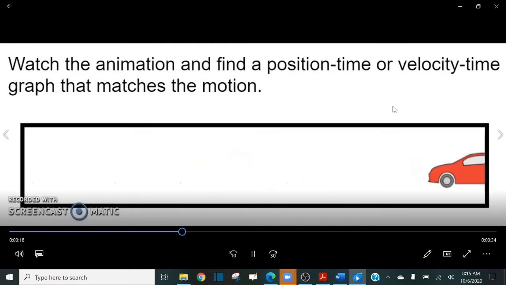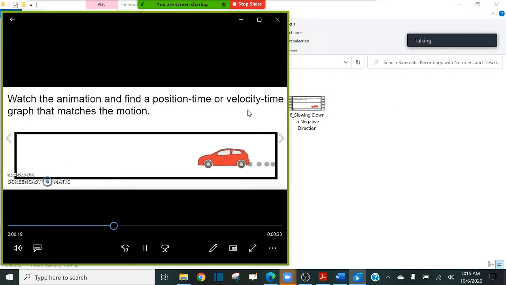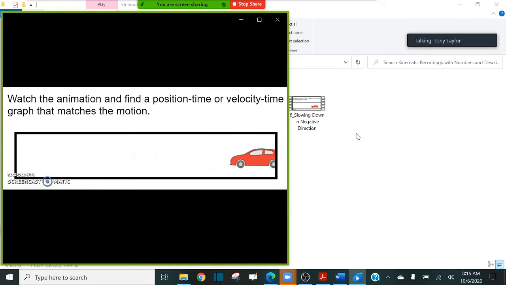Hopefully you can see it. This motion map is showing us two things. It's showing us an object that's moving in the negative direction, and an object that is clearly speeding up. Y'all notice that we're moving in the negative direction. So in other words, we have a negative velocity and we're speeding up.